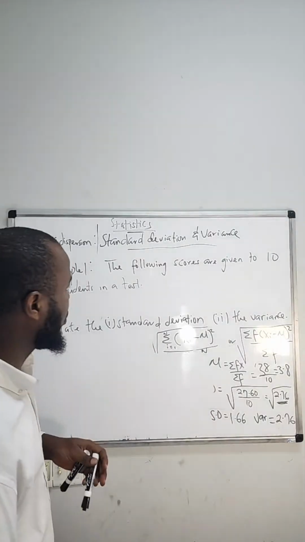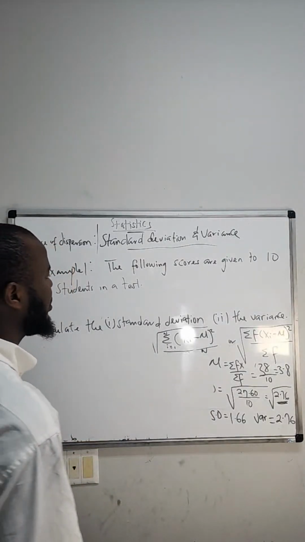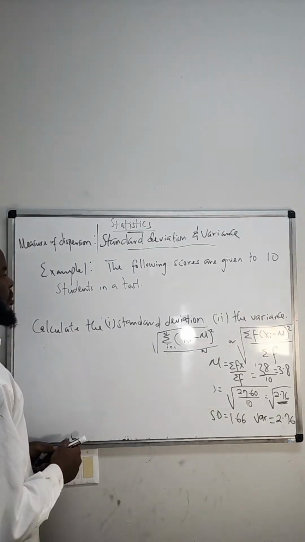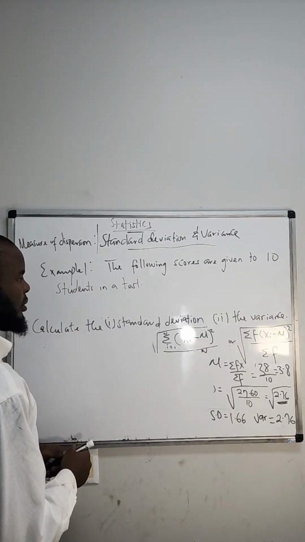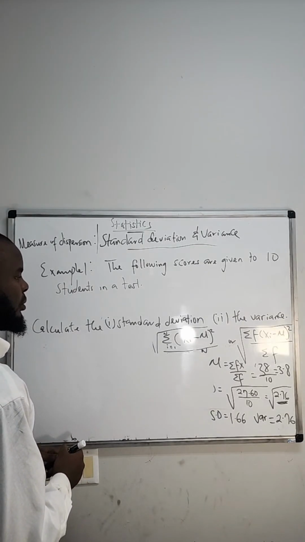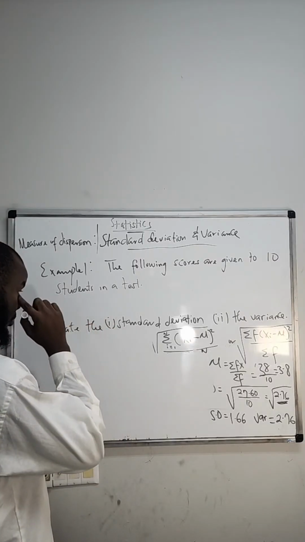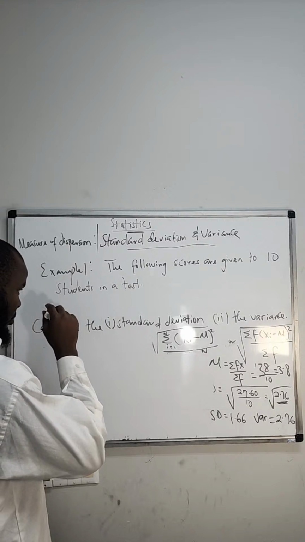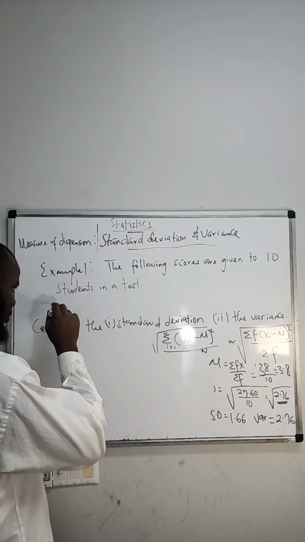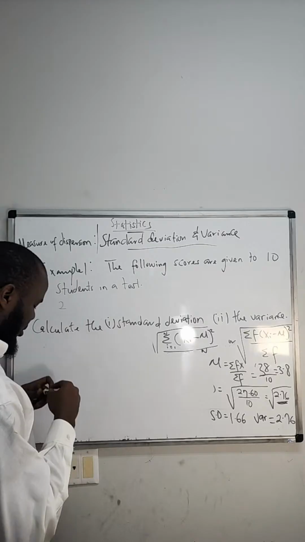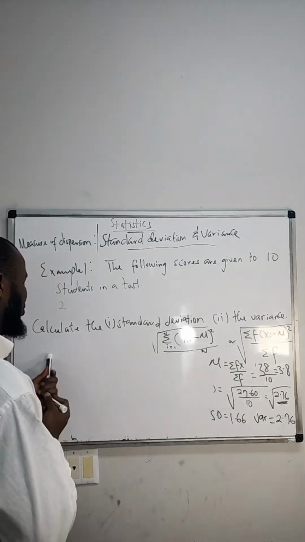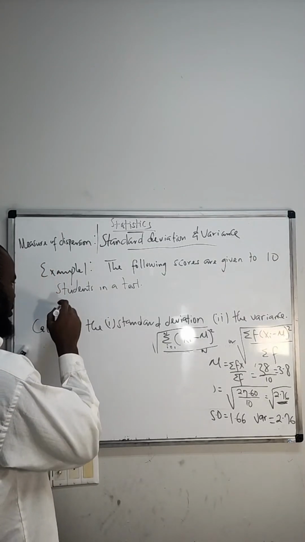Now, we have the following scores given to 10 students in a test. This time to make it harder... I don't want to give you big values, so that's what I'm trying to restrict.